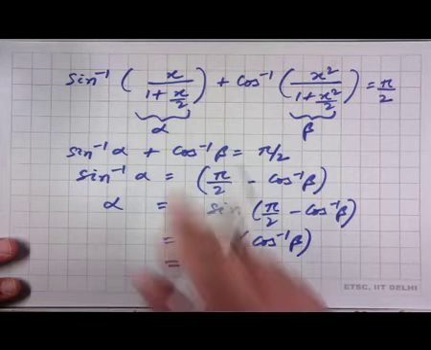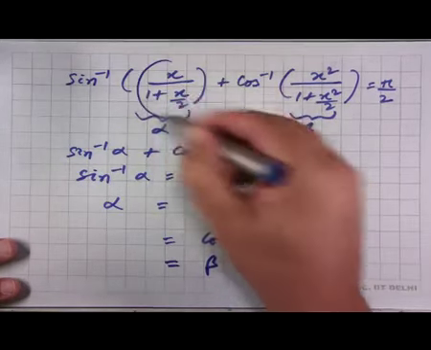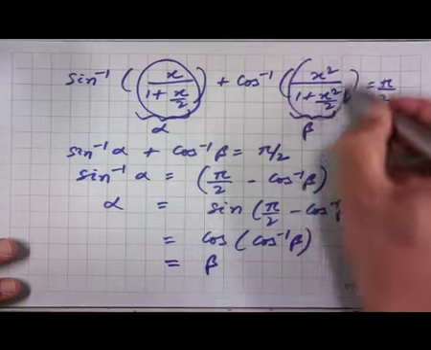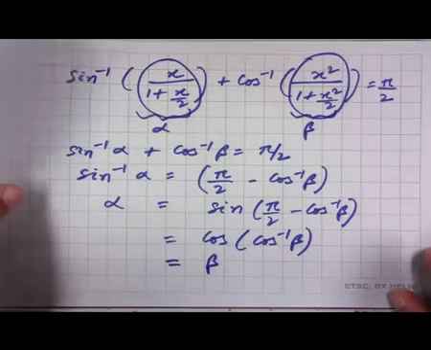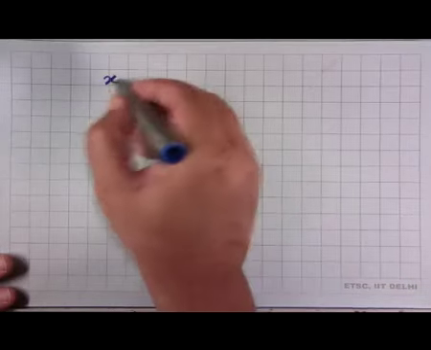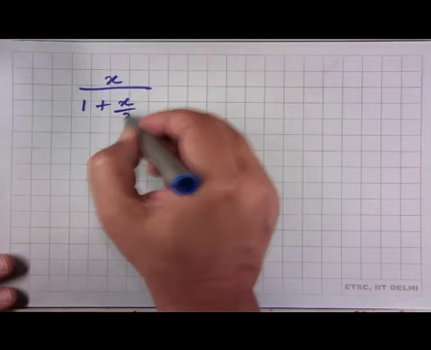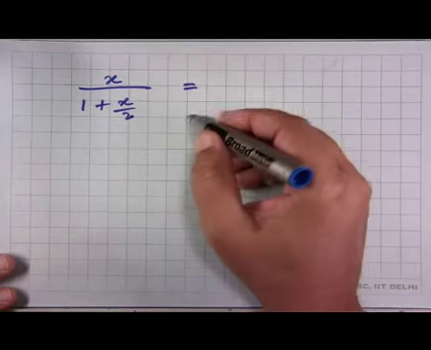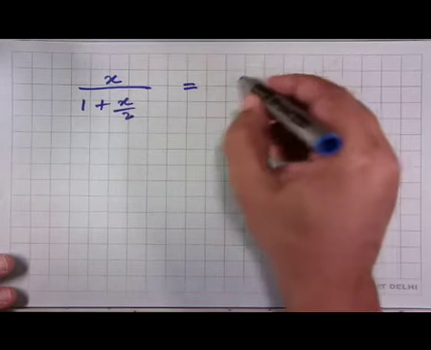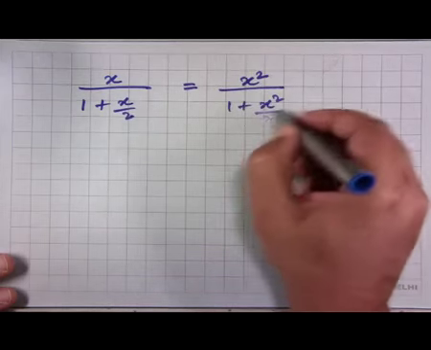And therefore, if x has to satisfy this equation, this must be equal to this. Hence, x must satisfy the equation x upon 1 plus x by 2 equals x square upon 1 plus x square over 2.